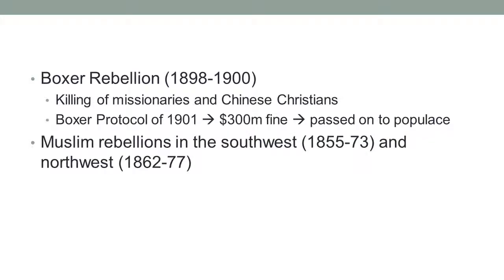Now, additionally, there are Muslim rebellions throughout the country. China has a large Muslim population as a result of the Mongol dynasty and the expansion of the Islamic empires in the previous centuries. And so these are resulting from, not only are they religiously different from the Qing, but they are also ethnically different.